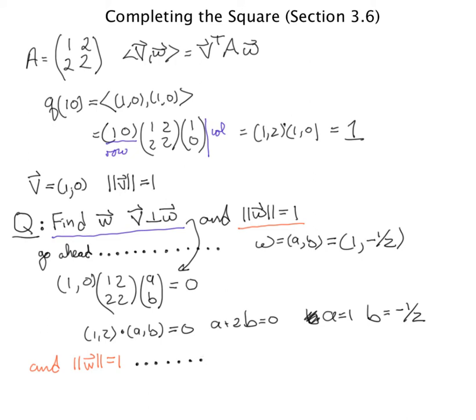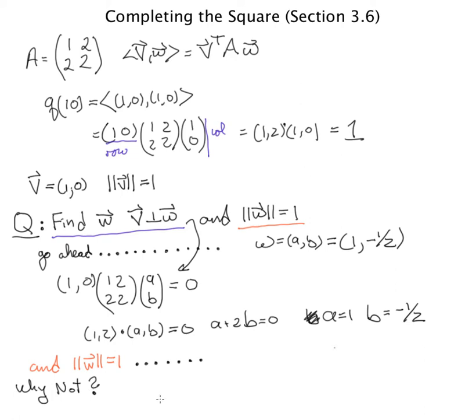Okay, what'd you get? You couldn't find such a W? Well, if you did find such a W, I suggest you go back and double check, because you shouldn't be able to.